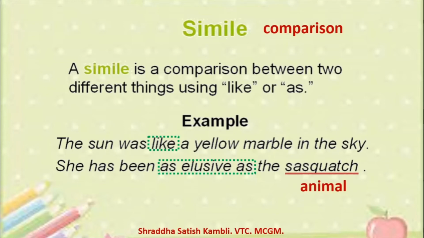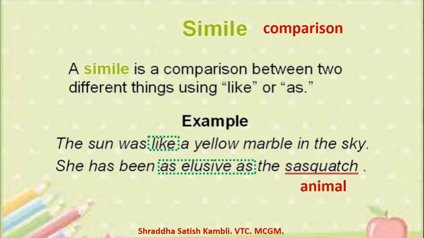Some people say we have seen a Sasquatch. Some people say no, the Sasquatch is only a figment of imagination, that it is something that we have imagined. It is actually not there in existence. So it is something which is very elusive. Elusive means you can see it, you cannot see it, and it is very, very rarely seen. Okay, it slips away very soon, so it is elusive.